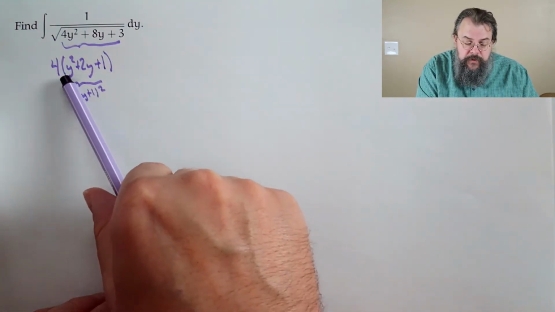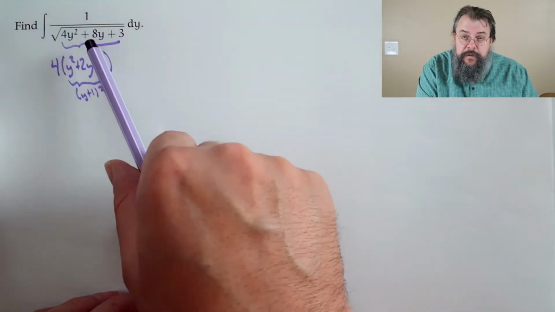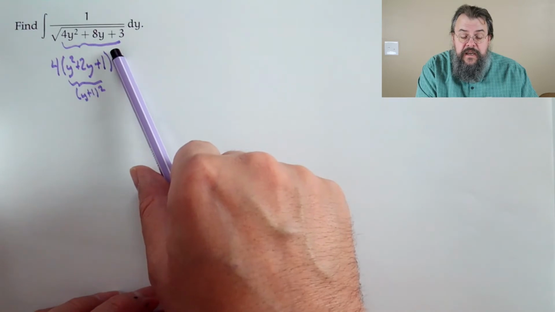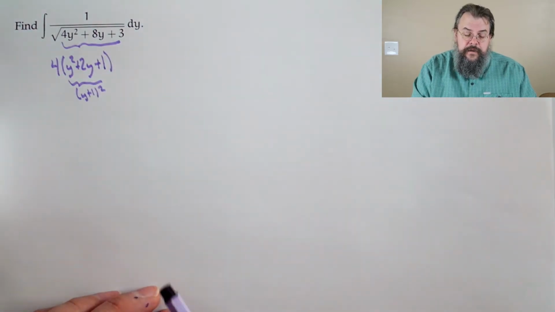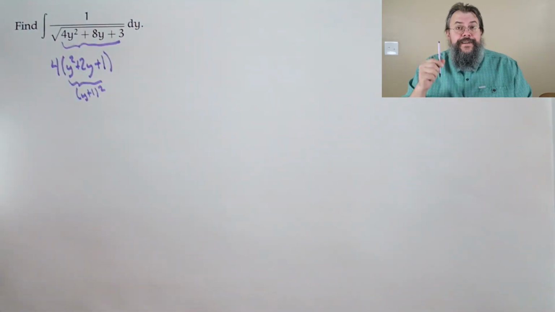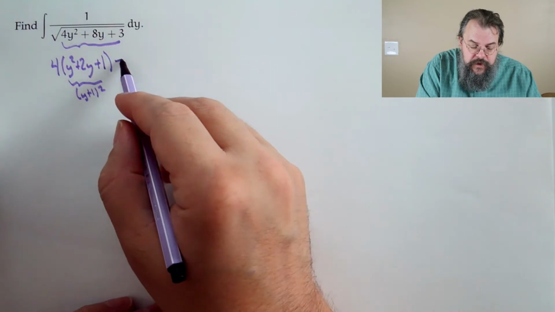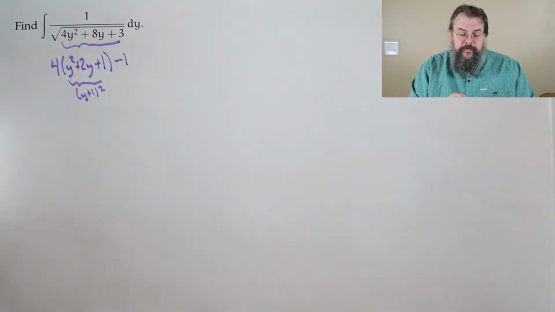So this would be 4y squared plus 8y plus 4. We're supposed to have 4y squared plus 8y plus 3. So how do I change this? Because this is not the same as this. Not yet. It's off by 1. It's a little bit too big. So subtract 1. And now, perfect.